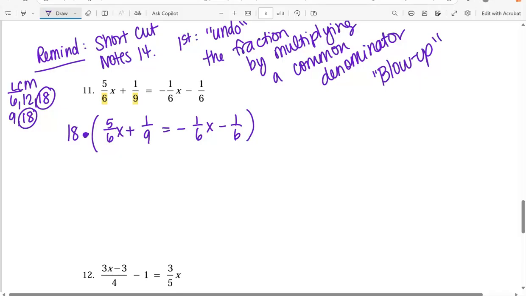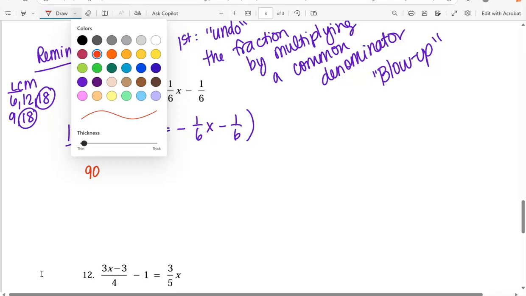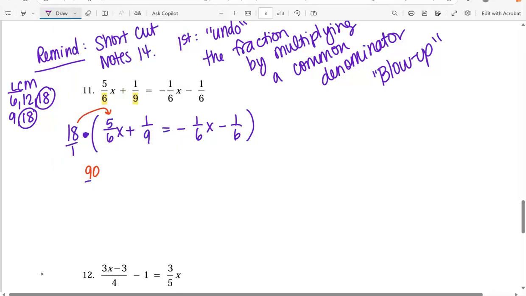Now, if you remember from our last lesson, this is 18 times 1. So when I multiply, it's only multiplying into the top because 1 times 6, 1 times 9 won't change. Well, 18 times 5, that is on your multiplication chart, gives me 90. Everything else is going to stay the same. I still have an over 6. I still have an x plus.